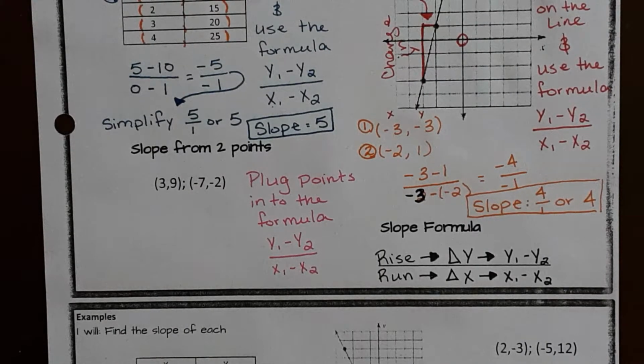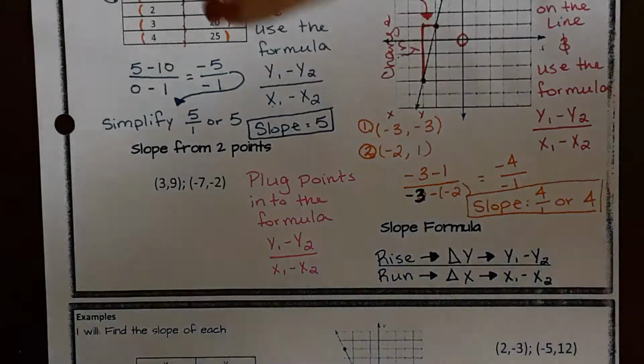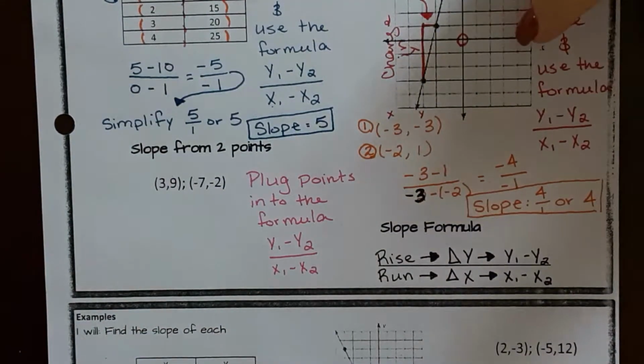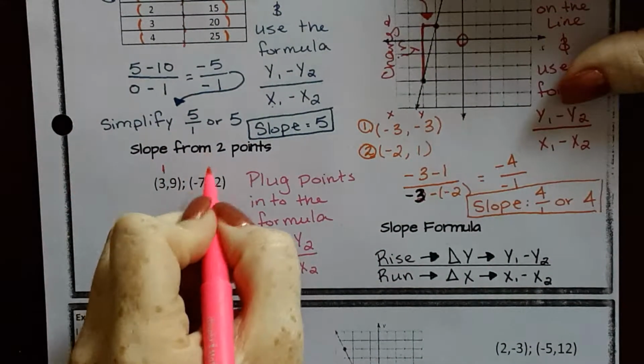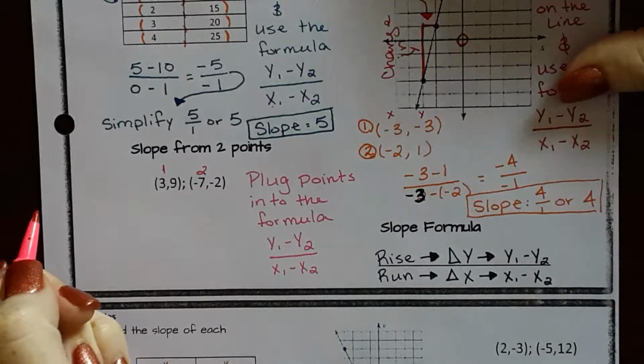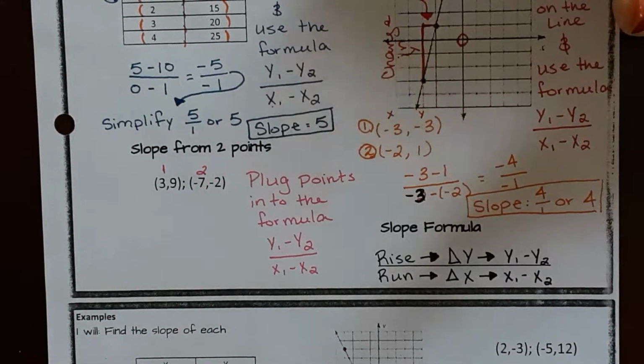Now, when you have 2 points, you should always identify which is going to be your first point and which is going to be your second point, much like we did on the table and when we pulled the points from the graph. We have 1 and 2. Remember, x is always on the left, y is always on the right.